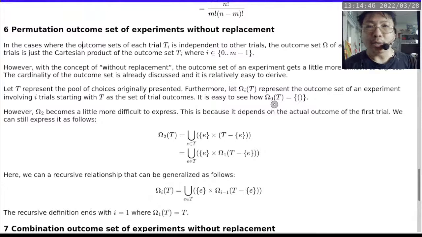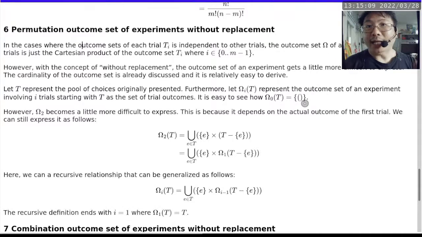Here's a coin, and let's not flip it even once. Let's flip it 0 times, and I'm gonna ask you, what is the set of my outcomes? You go like, nothing, right? Well, but nothing is an outcome. So we have an empty tuple here, which basically means nothing came out of it.